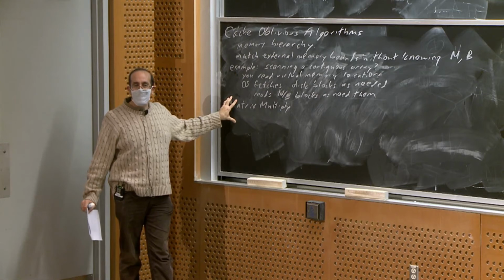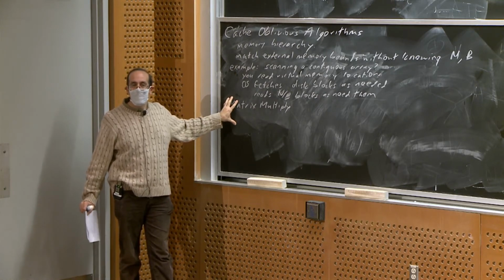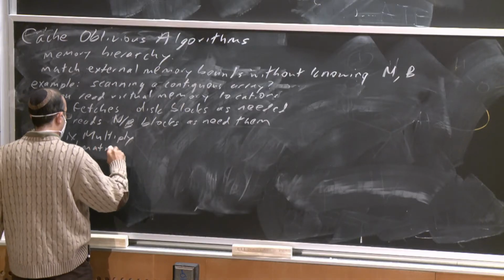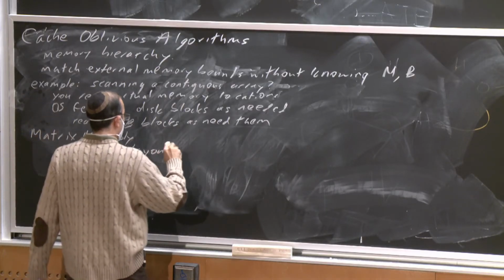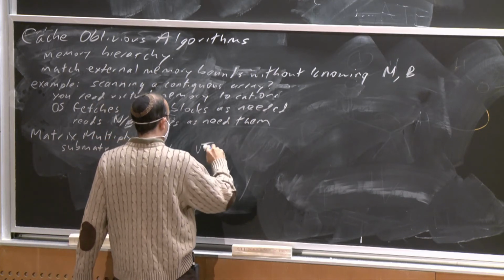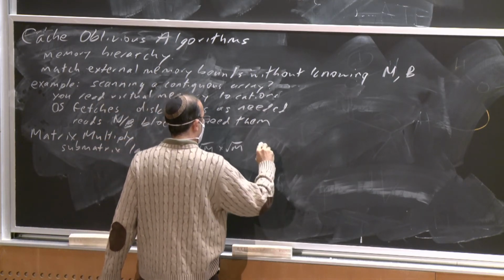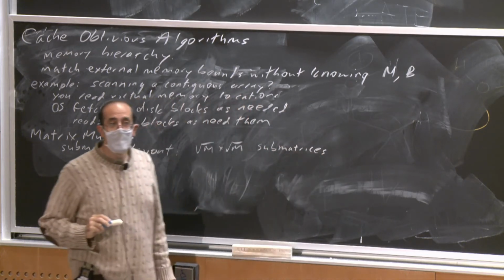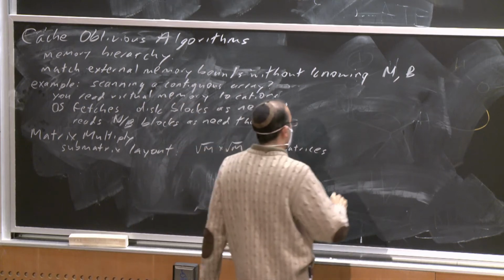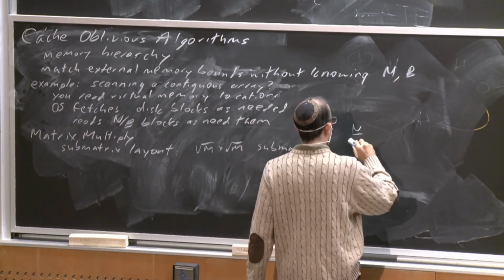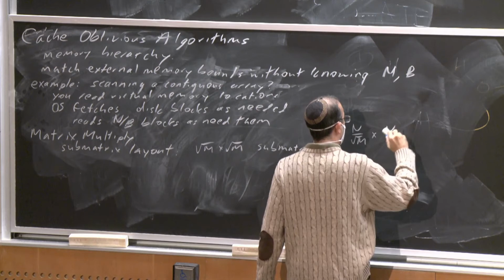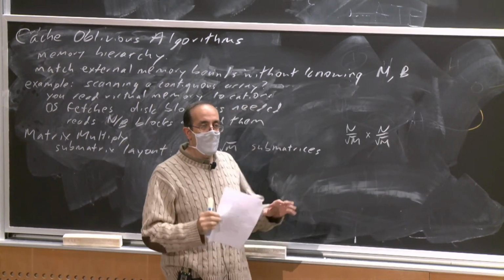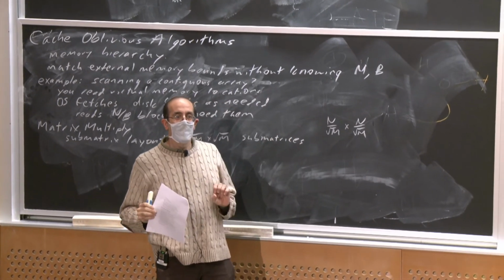But we saw these challenges with matrix multiplication, right? And we used this submatrix layout, right? Where we broke the matrix into root m by root m submatrices, right? And that meant that our overall matrix consisted of an n over root m by n over root m matrix of these submatrices, right?